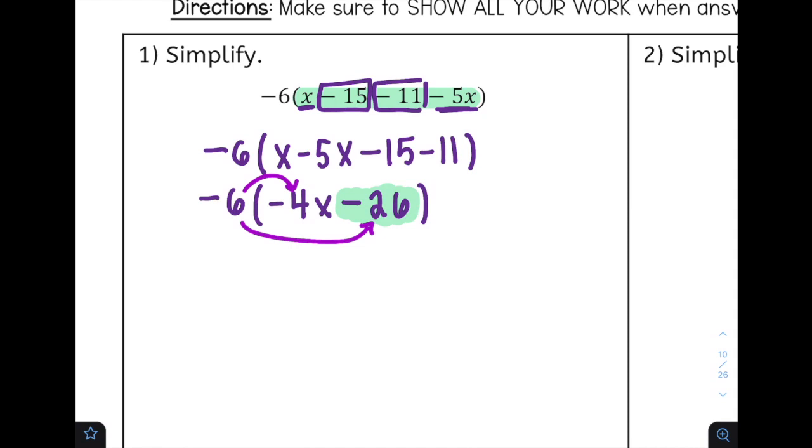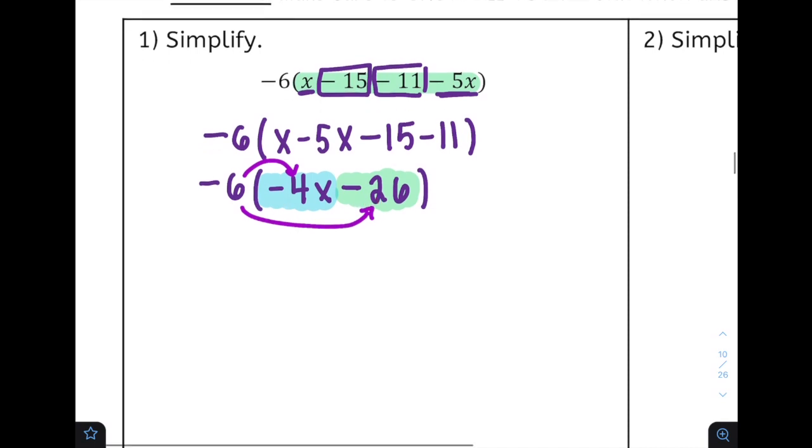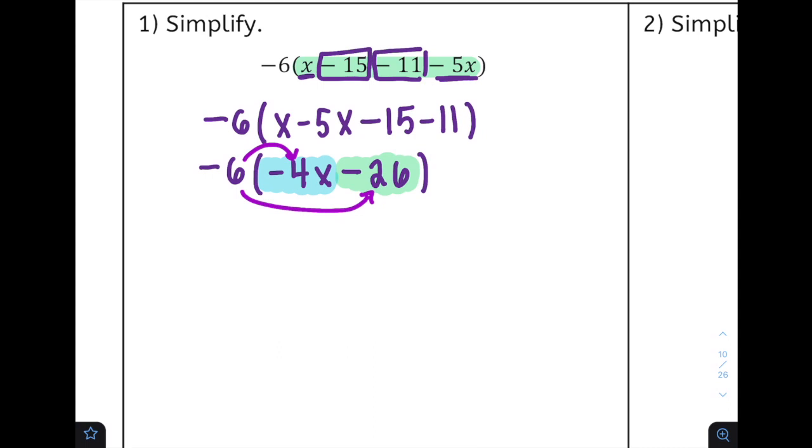Remember, when you're talking about terms, you want to make sure you're taking the sign in front. So I'm just going to make sure I'm highlighting my negatives because that's super important. I always like to rewrite everything, but that's just personally me. So I have negative 6 times my negative 4x plus negative 6 times my negative 26.